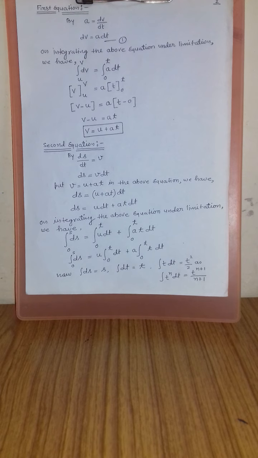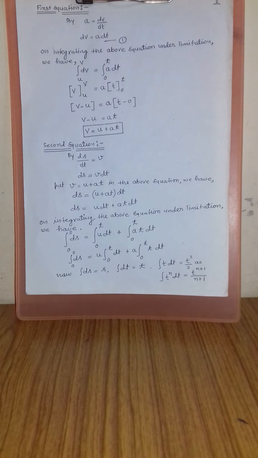Now for the second equation of motion, we will start with the definition of velocity, which is the change in the position divided by the time interval. Okay, so ds/dt = v. On multiplication we have ds = v dt.